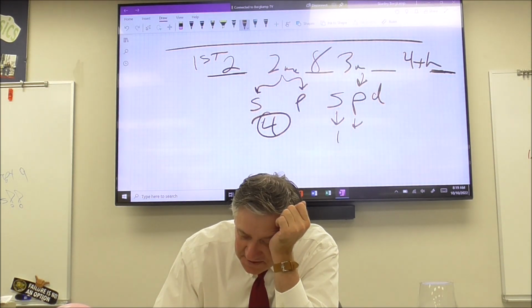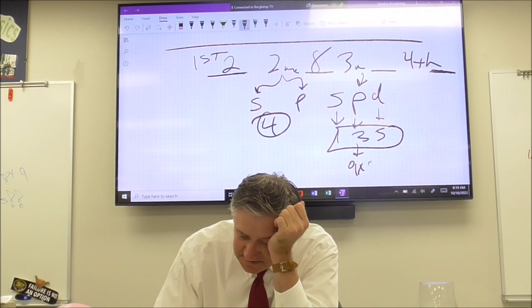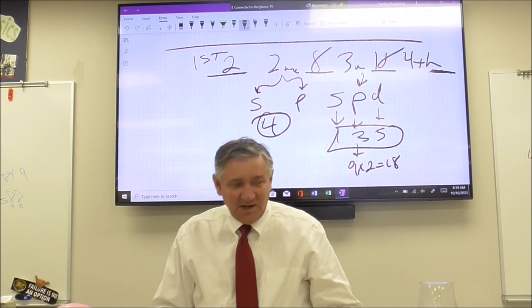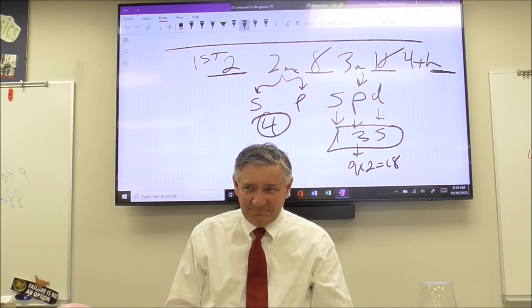How about the P? 3. How about the D? 5. Add those all together, check my math, I get 9. 9 times 2 gets me 18. Okay? Go with this, right?